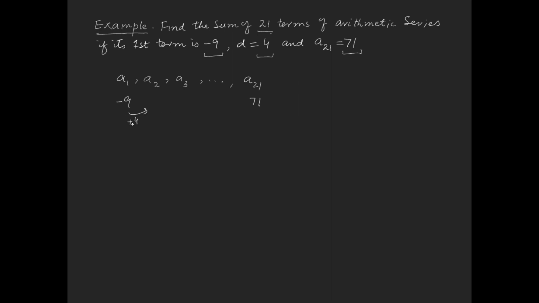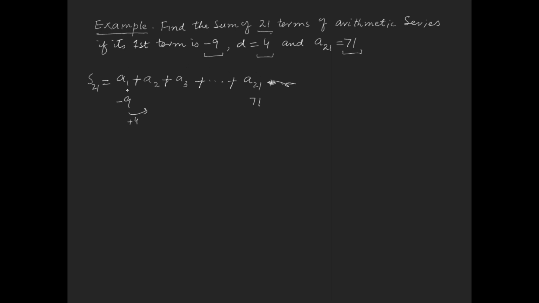So after adding 4 to each previous term, we are getting the next term. So this is the sequence. Now we are making it a series. So now this is a series of 21 terms. Now this is a finite series. We can make it infinite by adding some more terms and continuing it.